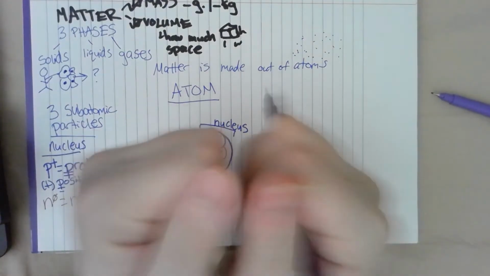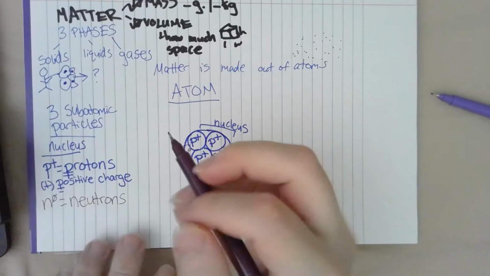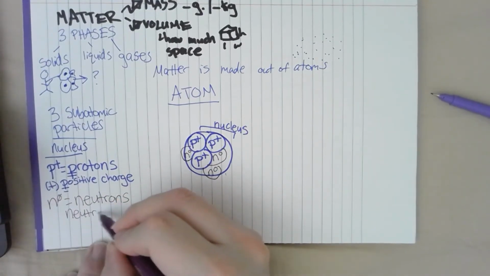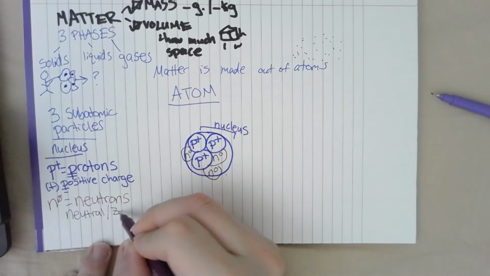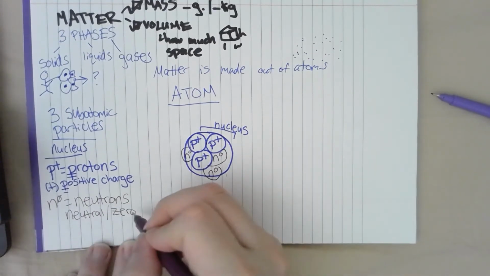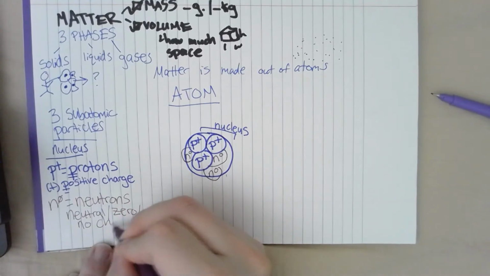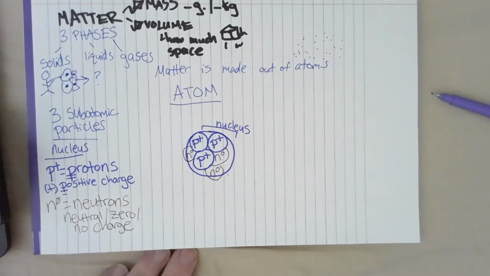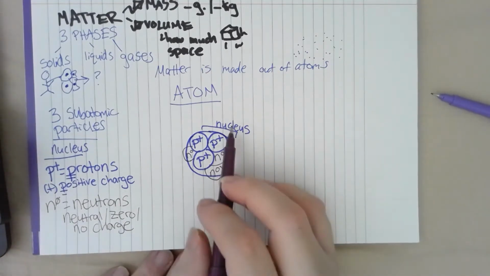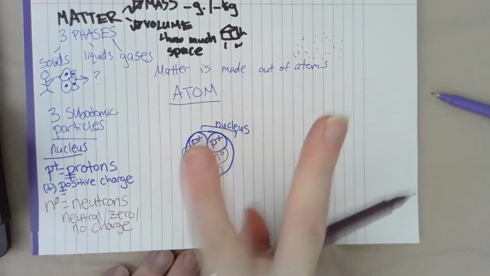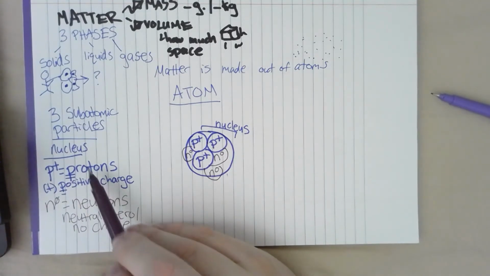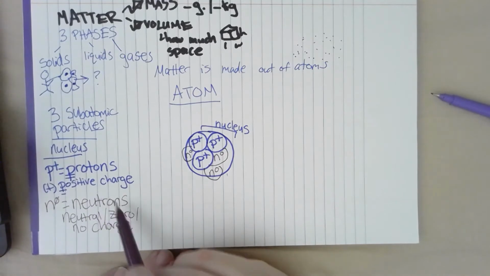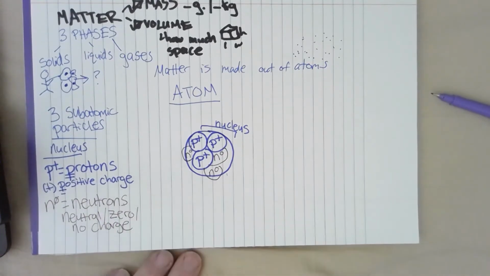They are stuck together. Neutrons have a neutral charge, or we call it a zero charge, or you can say no charge. They have no electrical charge. So let's review. Inside the nucleus, we have 2 particles: positive protons and neutral neutrons, or neutrons that have zero or no charge.